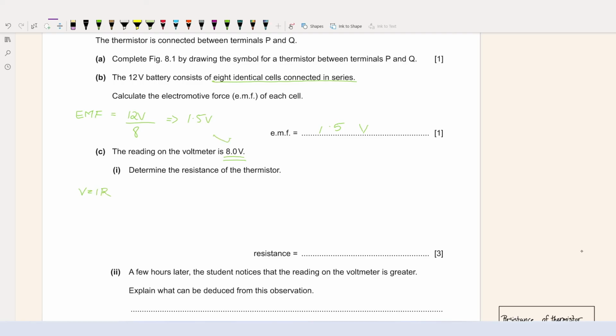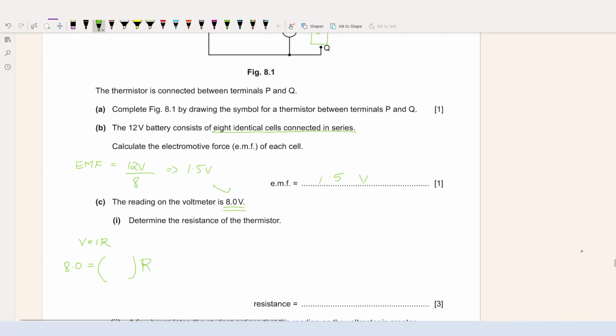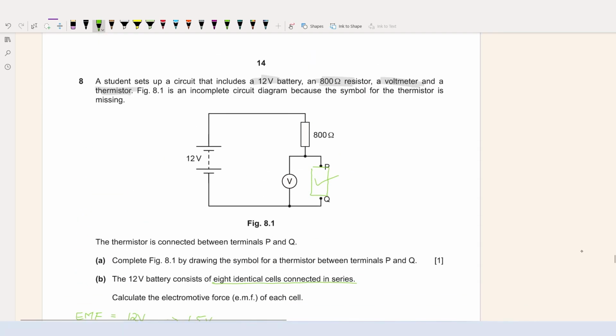The reading on the voltmeter is 8 volts, so we can write 8 here, and we don't know I and we don't know R. We can find out I from the previous part of the question. So this is 8 volts and total we have is 12 volts.